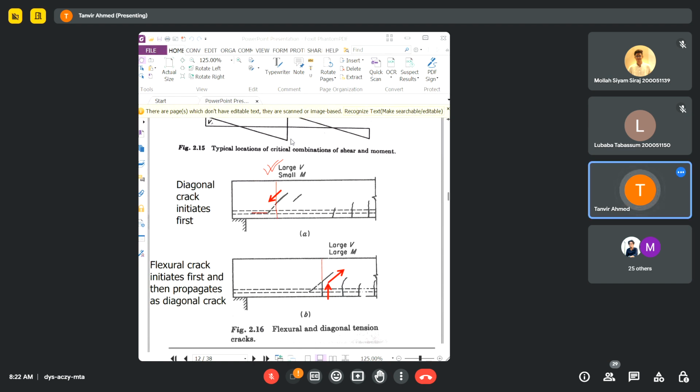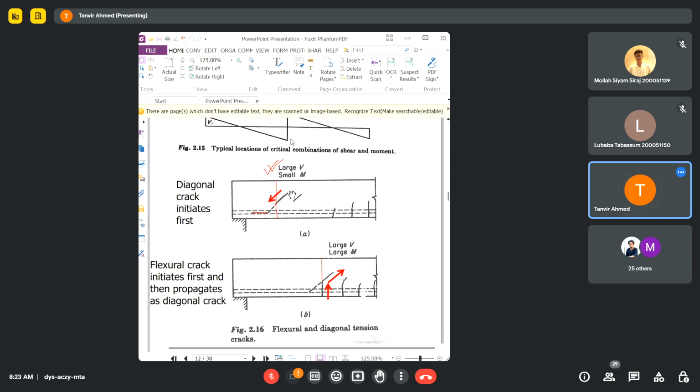Okay, so what we were discussing is if your beam is a deep beam, so if you have sufficient depth compared to the span of the beam, or in other words, if the depth to span ratio is high, in that case this crack at a certain point will stop propagating upward.